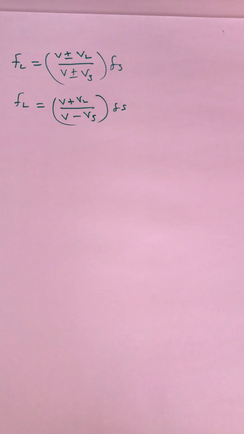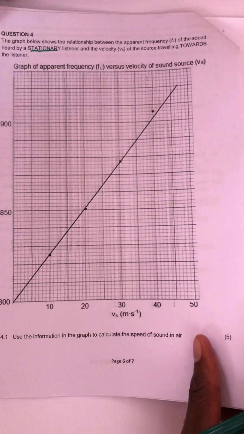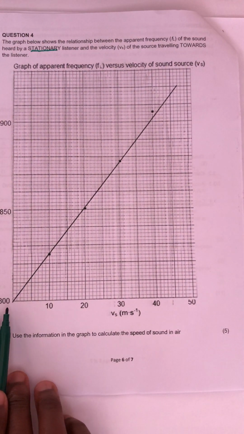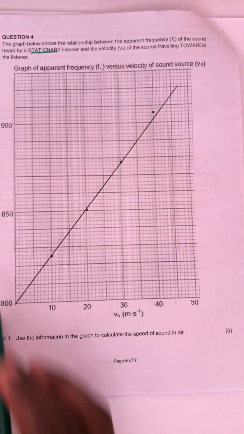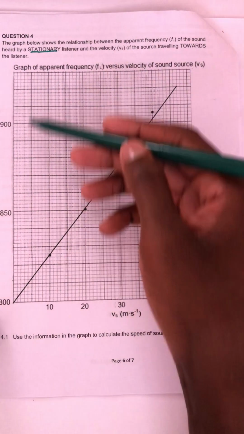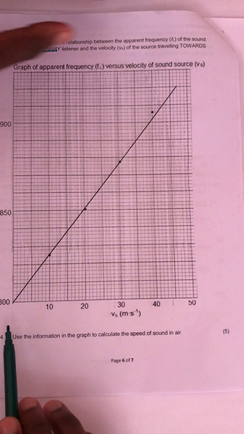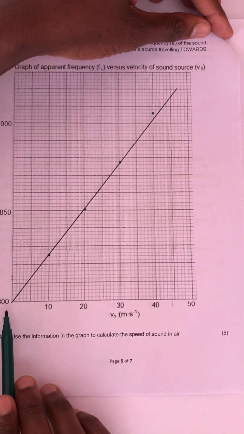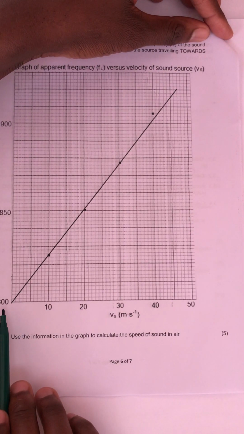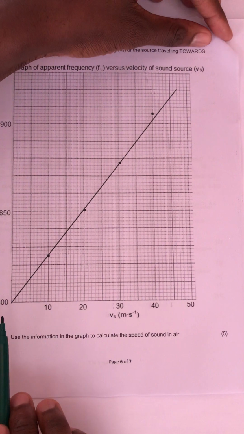Now, from the graph, let's say we start from 800. This is the frequency of the listener. We don't have the frequency of the source, we only have the frequency of the listener. We want to make equation 1. We take 800 as the frequency of the listener first.